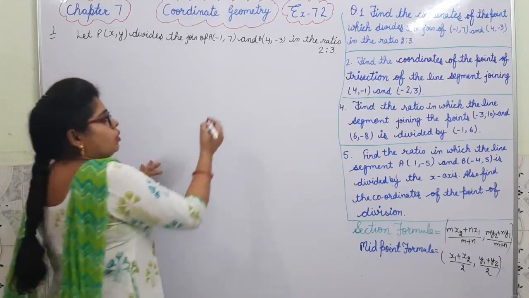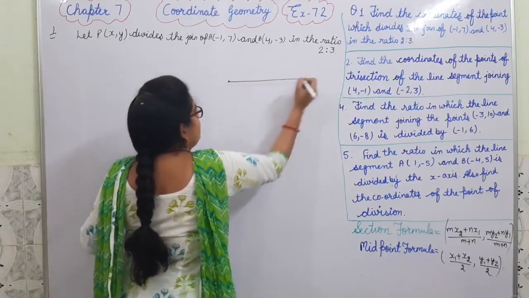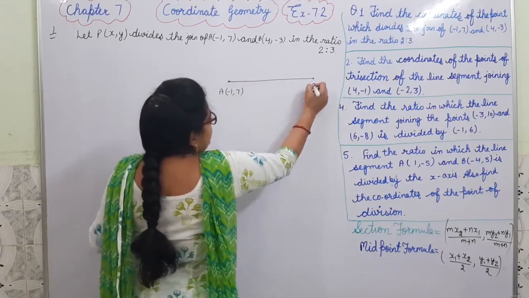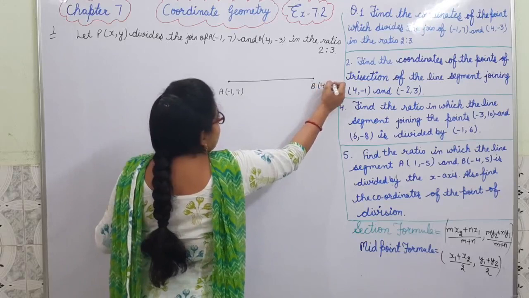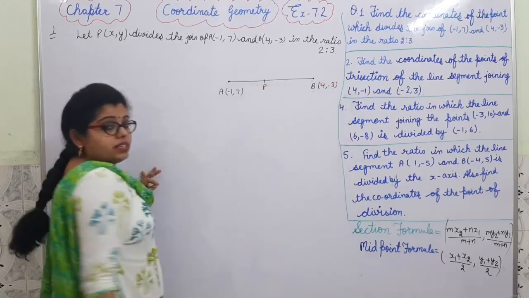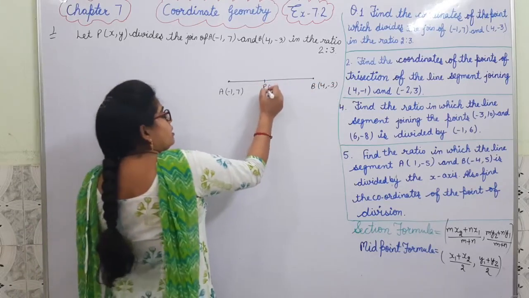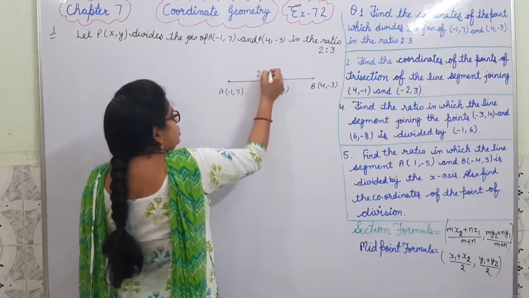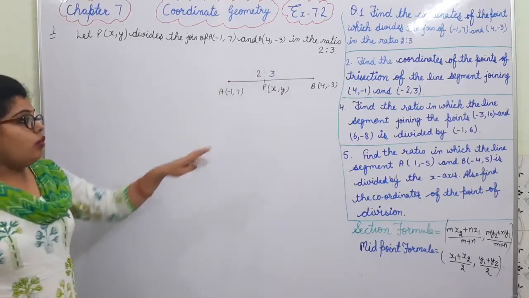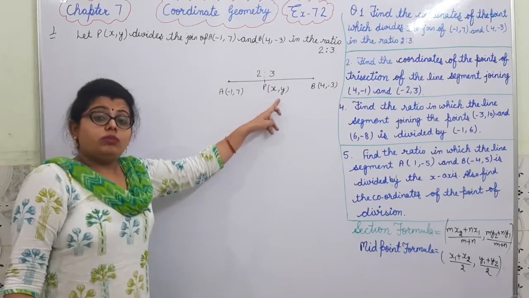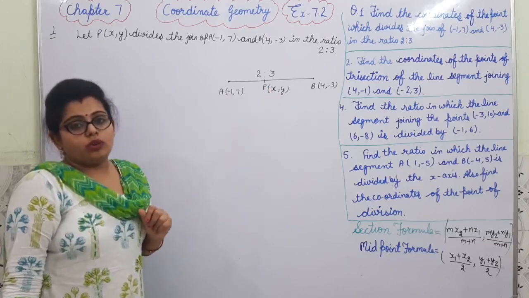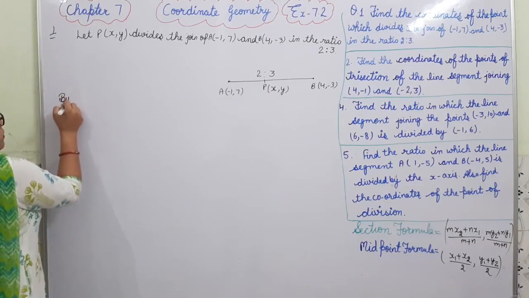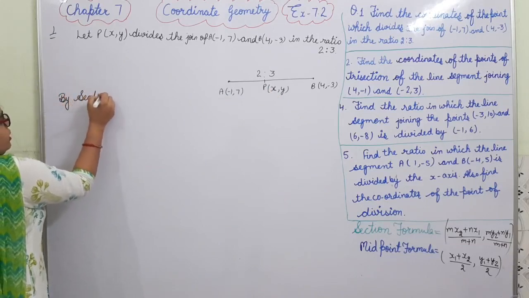Let this be point A and let this be point B. Now we will draw line segment A (-1, 7), B (4, -3), and let this point P be there with coordinates x, y, dividing in the ratio 2:3. Now we have to find the coordinates of this point P. How will we solve it? By the section formula.